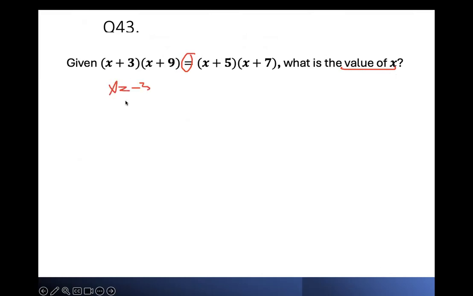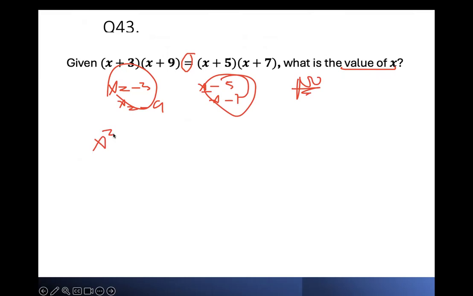Well, these are factored. My roots are minus 3, minus 9. These are minus 5, minus 7. These are your roots. They don't look the same. That means there's no solution at all. How do you check it? Open them up. You know this is going to be x squared.